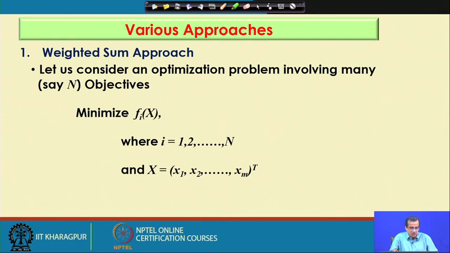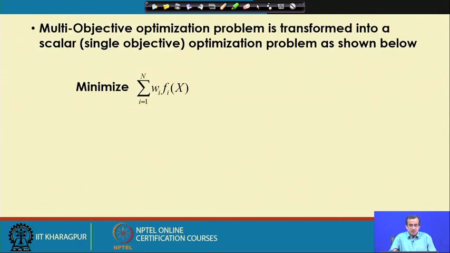Now, let us see how to tackle this. To tackle this, what we do is this multi-objective optimization problem is transferred into a scalar or single objective optimization problem as shown below.